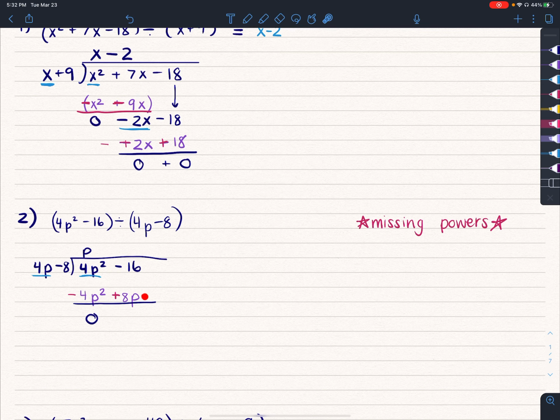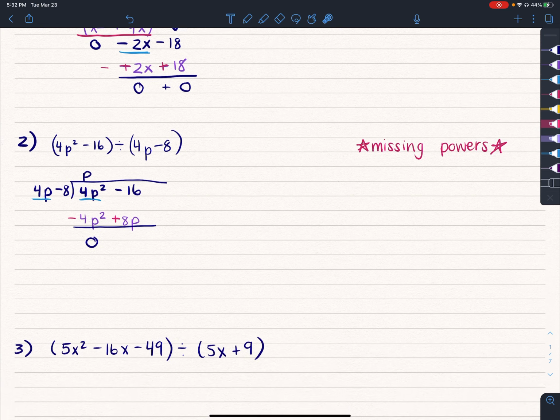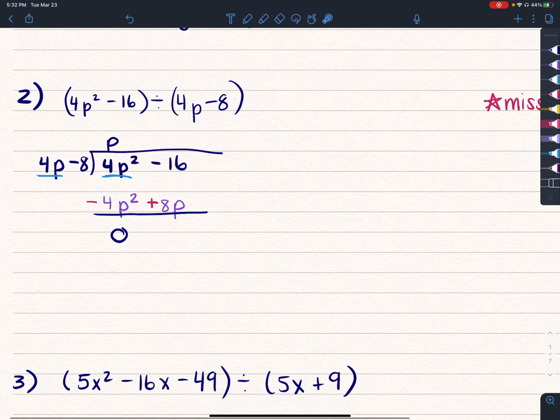But in this case, this isn't happening because in our original expression, our dividend is missing a power of p. It doesn't have a term that has just a p. So we actually have to fix this. And this is the fix that we need to make. I'm going to take my 16 here, shift it over, and add, since I don't want to change anything, 0p.